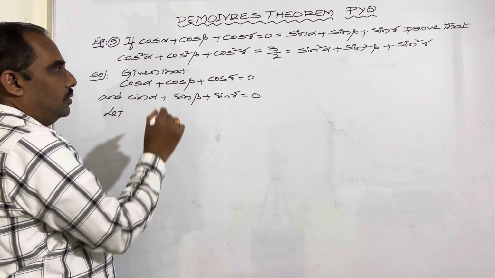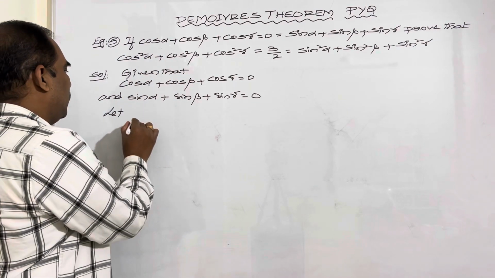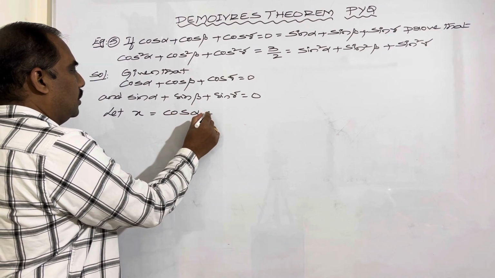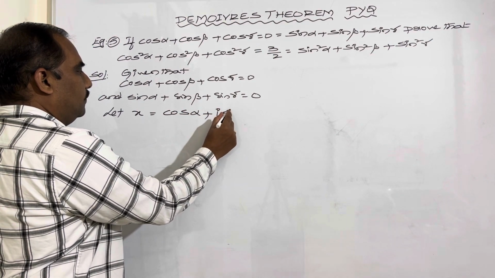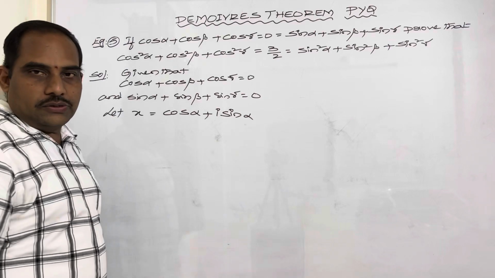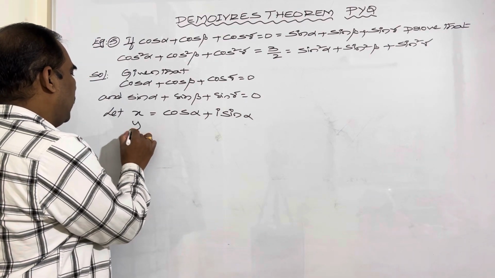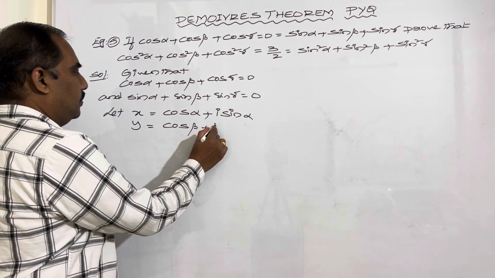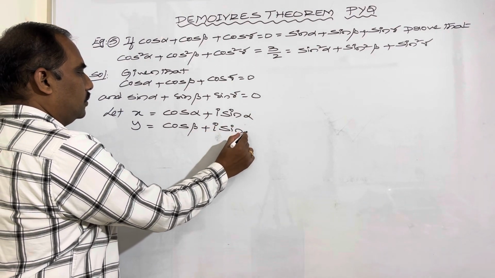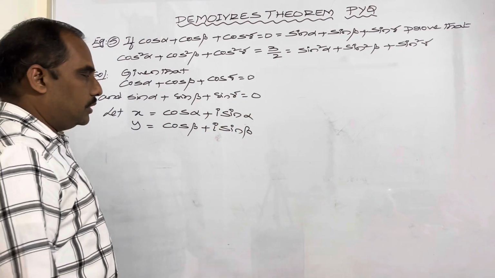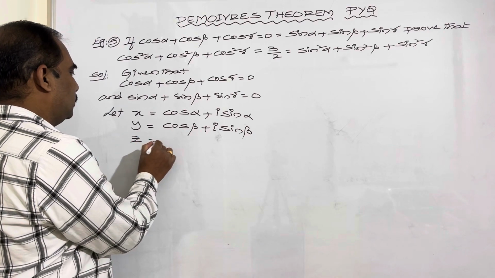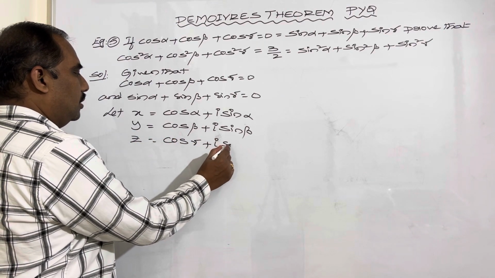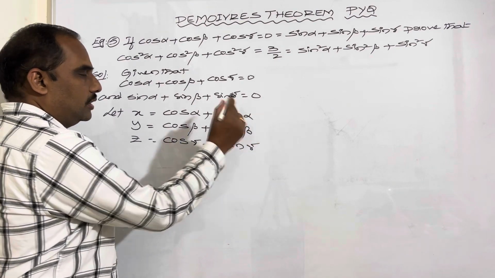Let x is equal to cos alpha plus I sin alpha, y is equal to cos beta plus I sin beta, and z is equal to cos gamma plus I sin gamma.